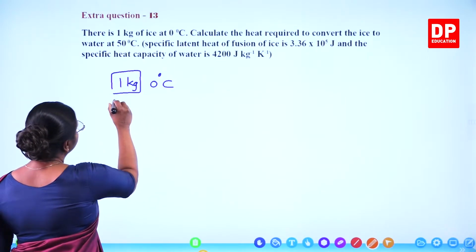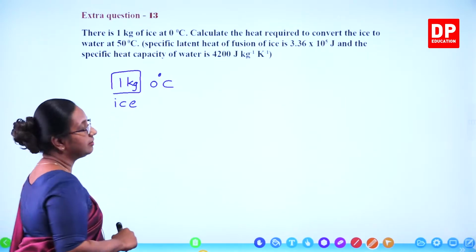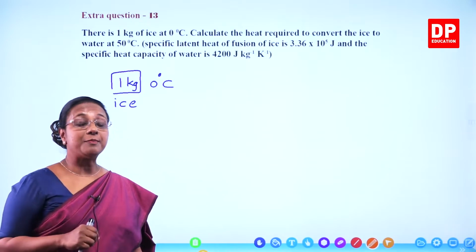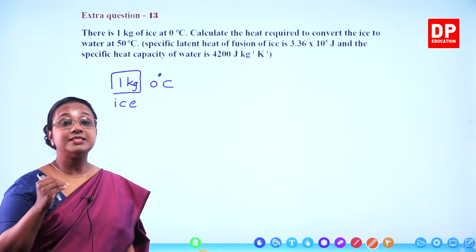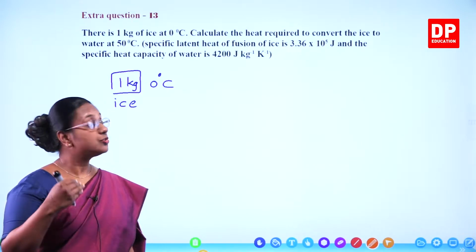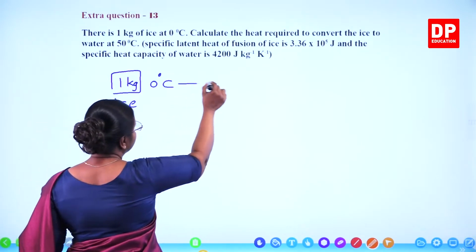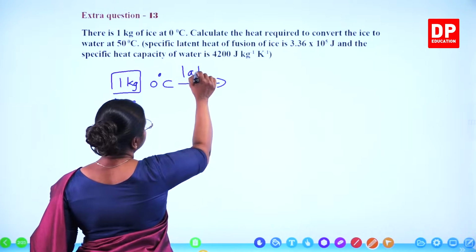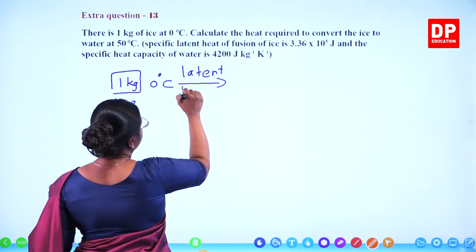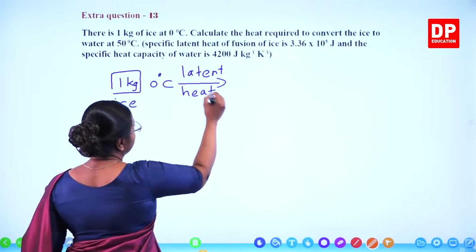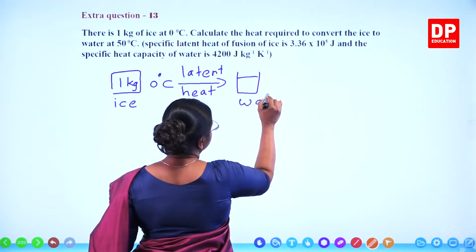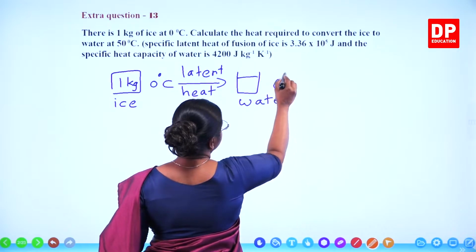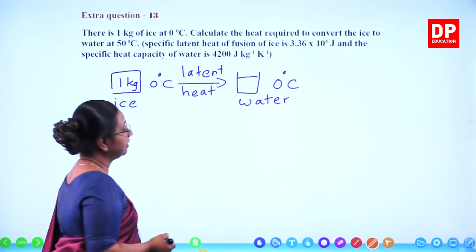So when we have ice here at 0 degrees Celsius, when you supply heat, what will happen first? 0 degrees Celsius is the melting point of ice. So first it will absorb latent heat and it will become water at 0 degrees Celsius.